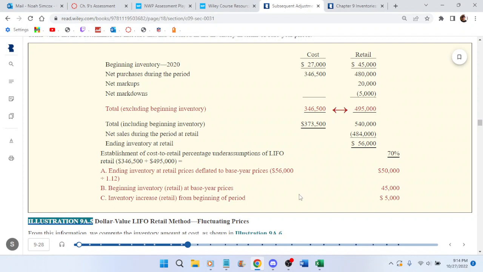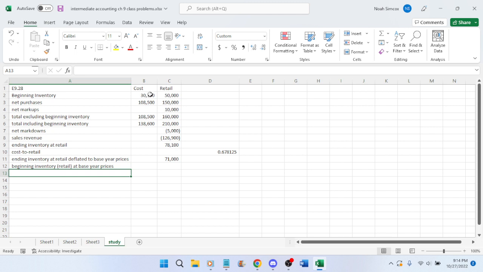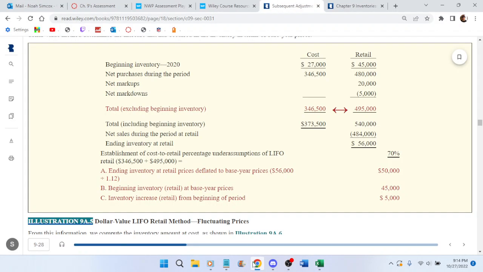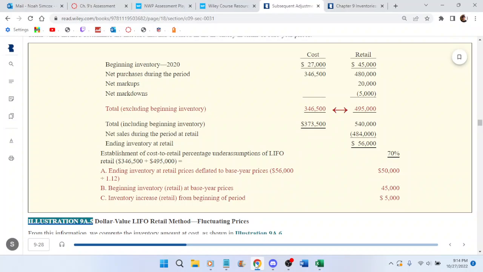Beginning inventory. These are retail. Beginning inventory retail at base year prices. And you already know that because the base year is your first year, it's just this times 1.0. So then you have inventory increase from beginning of period.